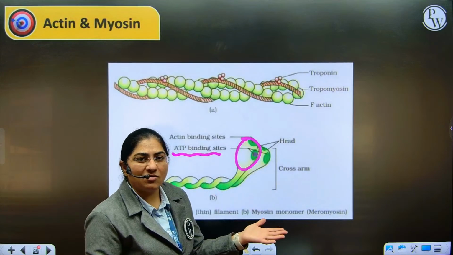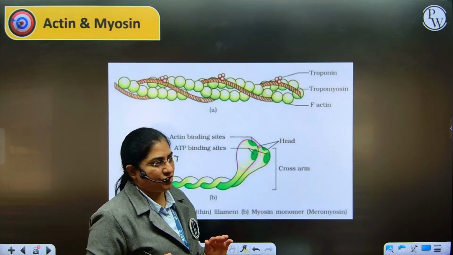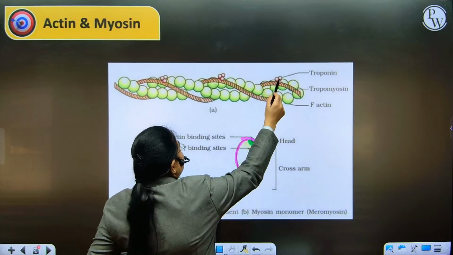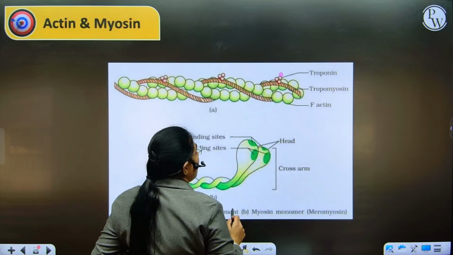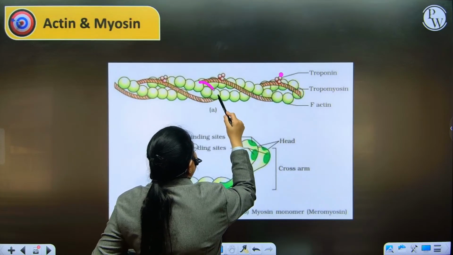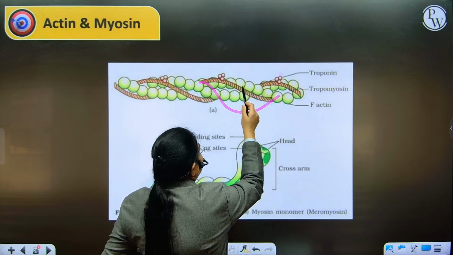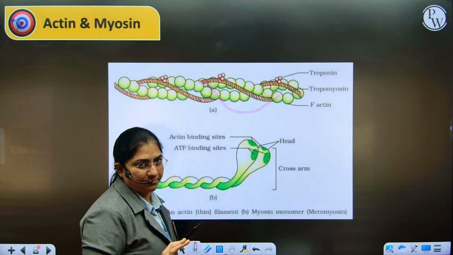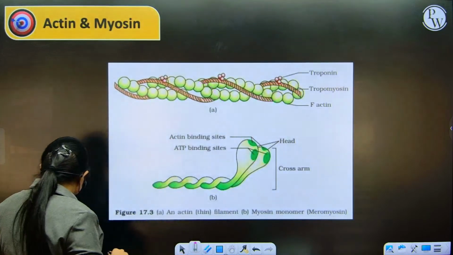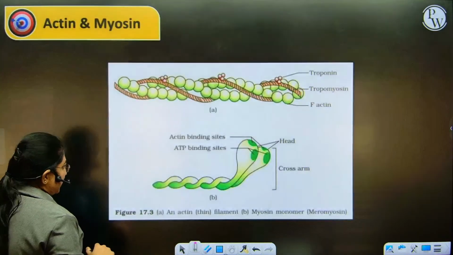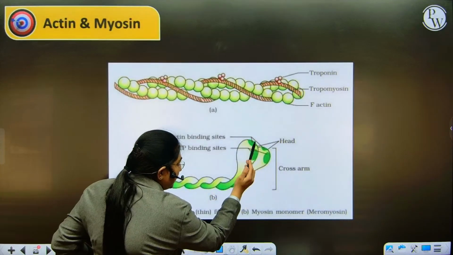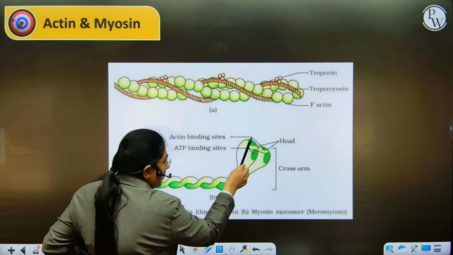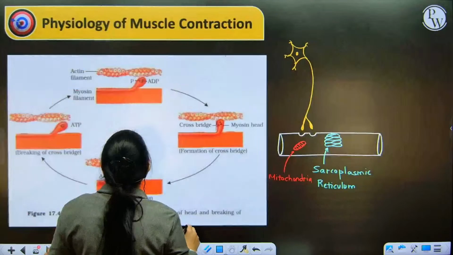It breaks down ATP and releases energy. Simultaneously, calcium comes and binds on troponin, and the tropomyosin slings down, exposing the binding site for myosin on actin. Is that clear?